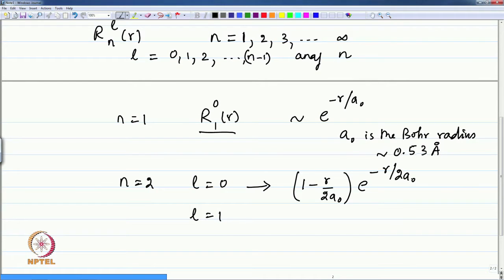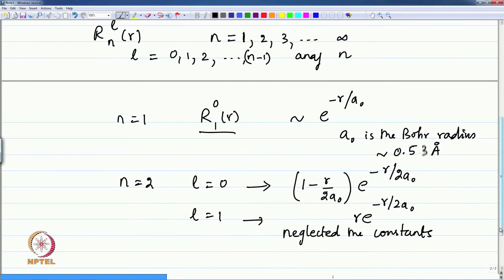For l equal to 1, the radial function happens to be r times e to the minus r by 2a naught. I have neglected the normalization constants or the prefactors.